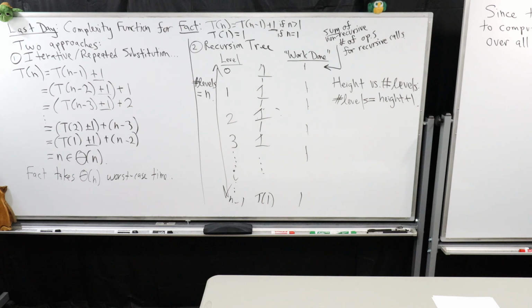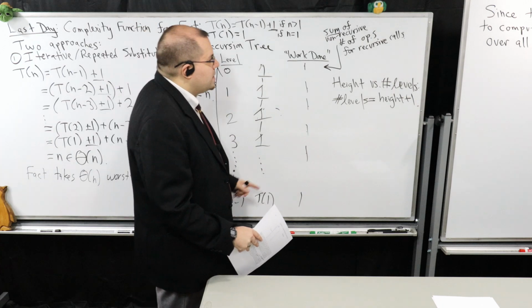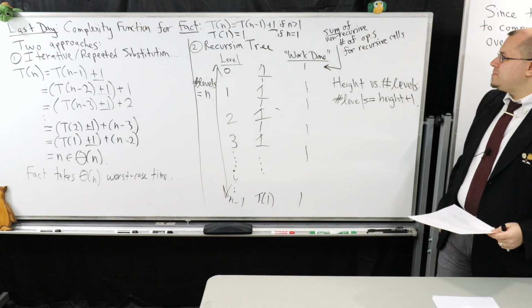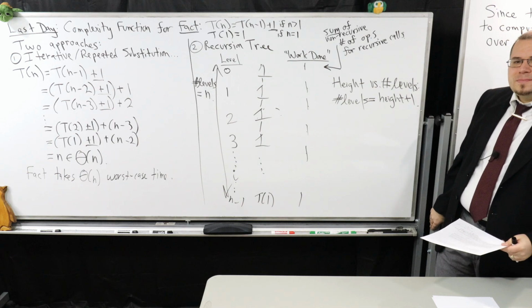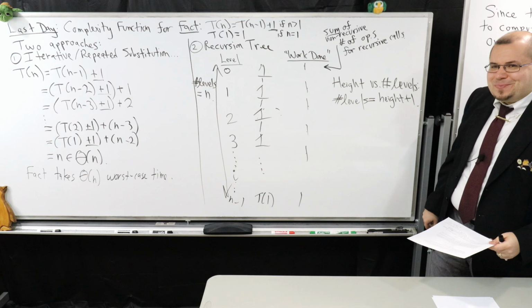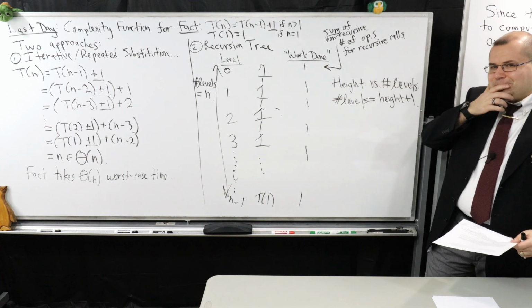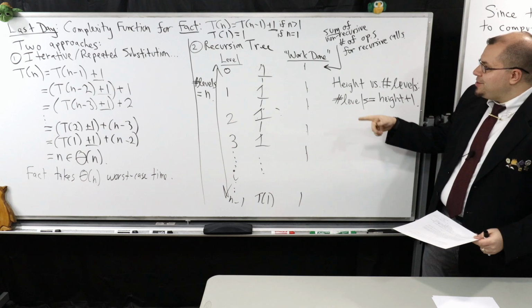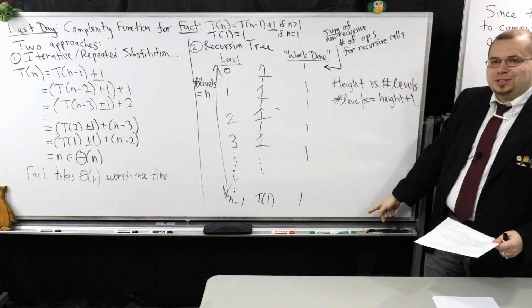So you might ask, okay, how can I find a closed form expression for the recurrence relation given this recursion tree? Does anybody have any ideas? What can I do with the information I have in this recursion tree?